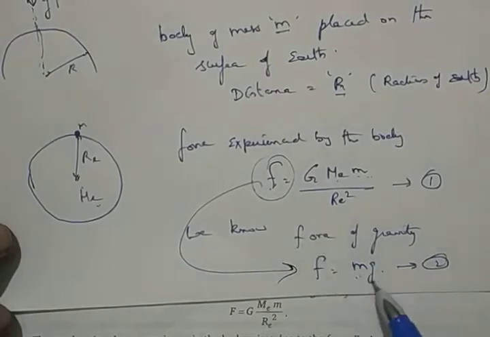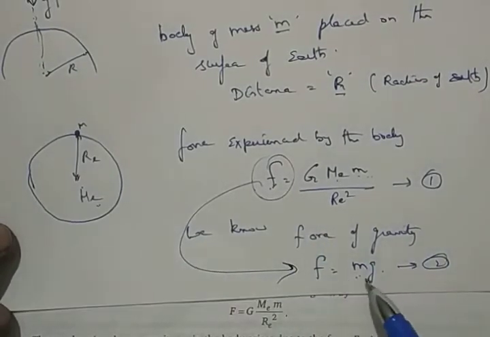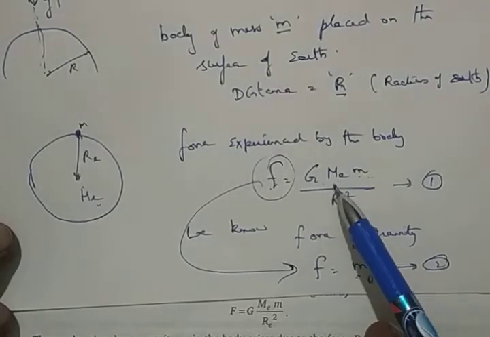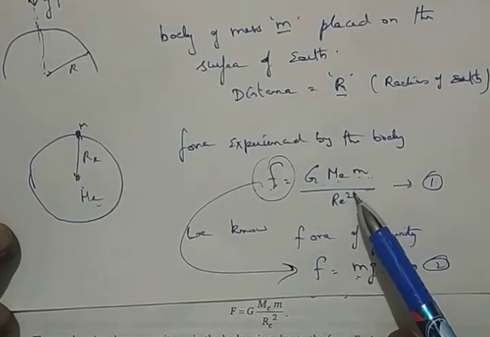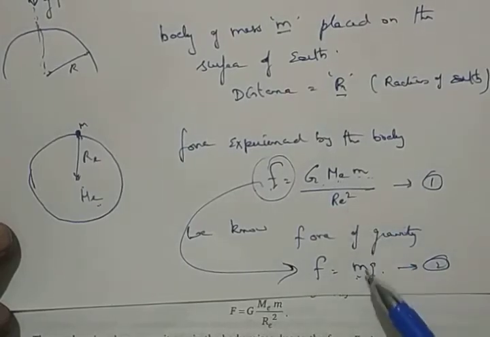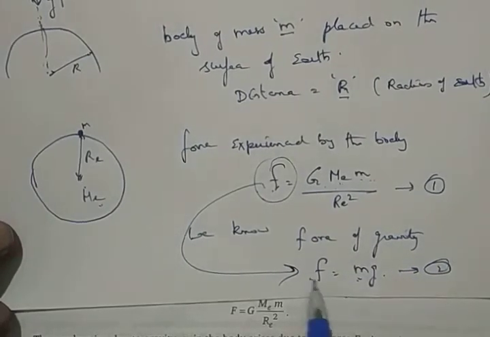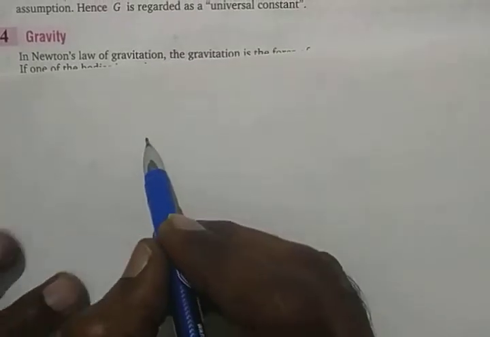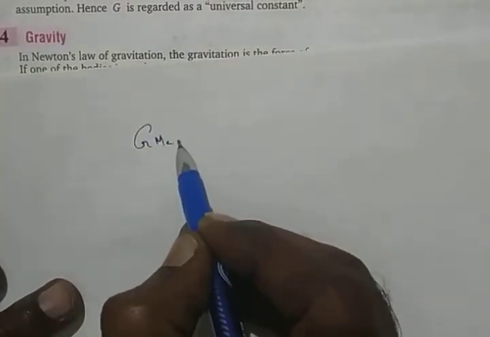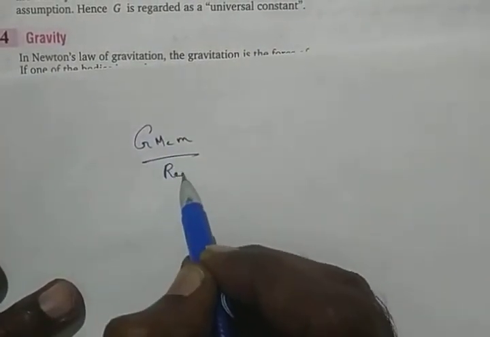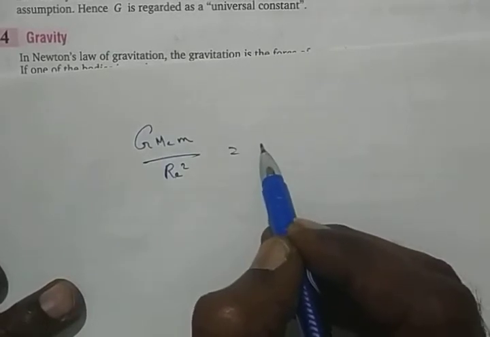So you can substitute both these values. Mass into acceleration is Newton's second law, and the other one is Newton's universal law of gravitation. These two things, both proposed by Newton, have to be equated, because both are the force. So it is going to be G times ME small m upon RE square, equal to m into g.